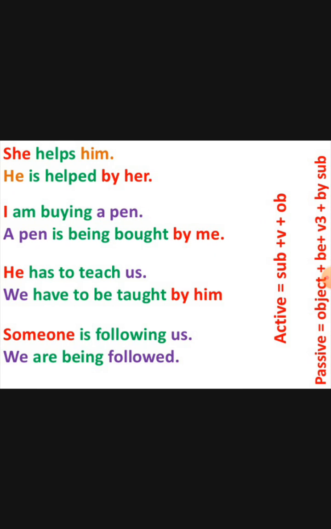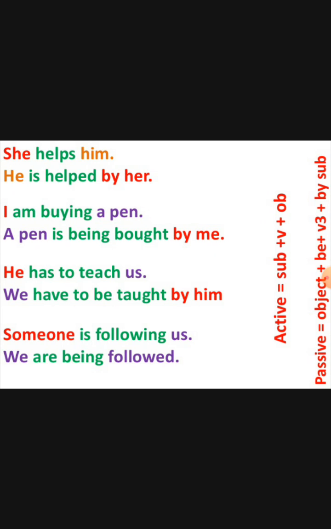Now, I am buying a pen. So now the pen exactly will be just becoming subject. A pen, because the sentence is in continuous, so be will be changed into is. And because am is there, so now according to the new subject, what will be happening?